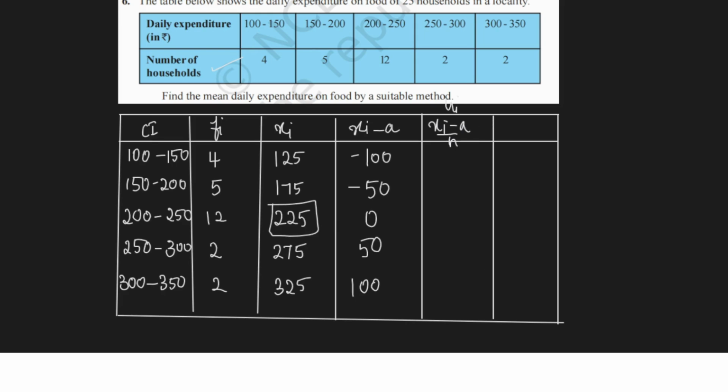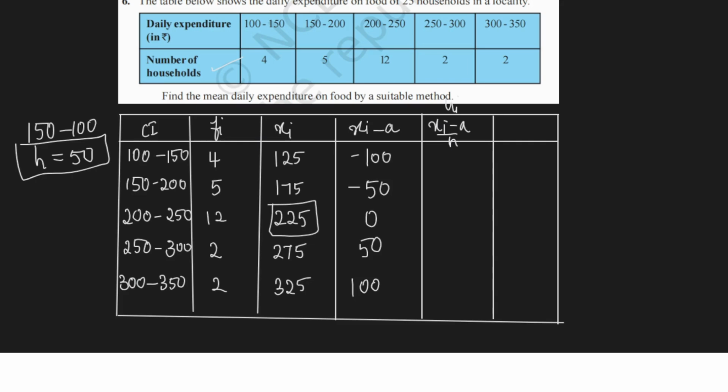So now what are we doing here? We are dividing each of these values by h, where h is the length of the class interval. Now for h, go to this column. It is this value, like 100 to 150. You just have to subtract 100 from 150 to know the length of the class interval. So in this case, it is 150 minus 100, so it is 50. The h, which is the length of the class interval, is 50 here.